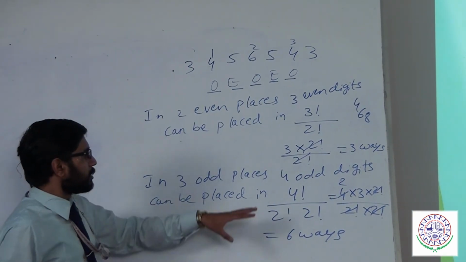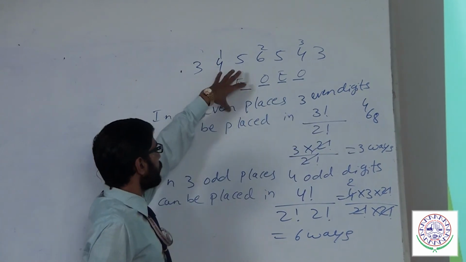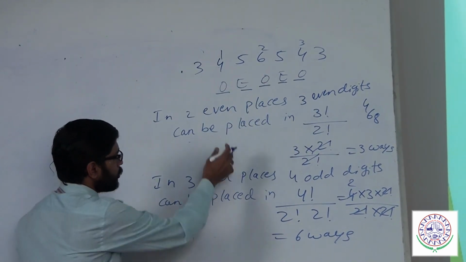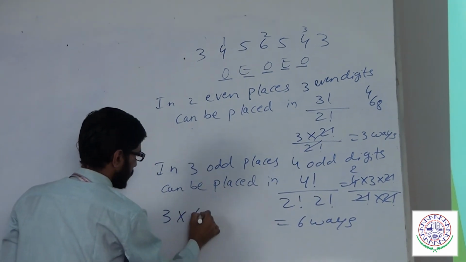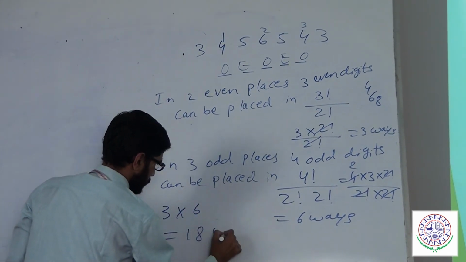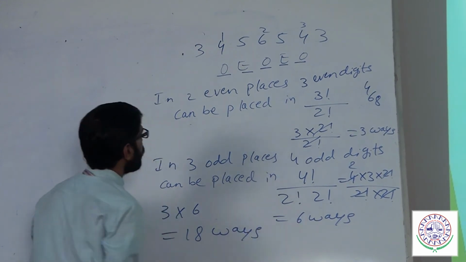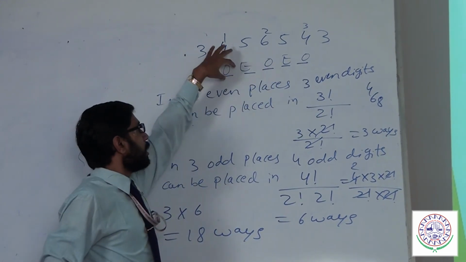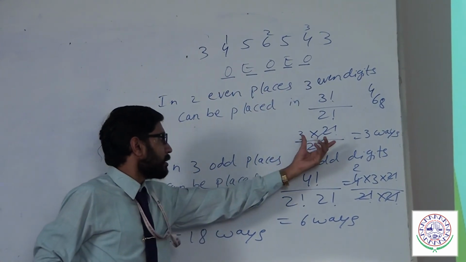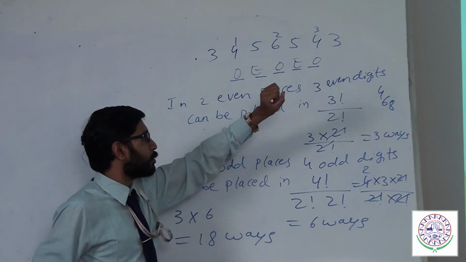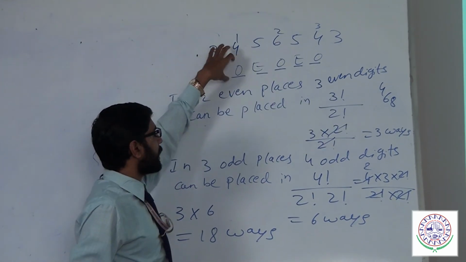Now to get the final answer just multiply these two. So it can be 3 into 6. So this will be 18 ways. Because we need to form a number consisting of 5 digits, you have to understand the question and place the even numbers according to the instruction.